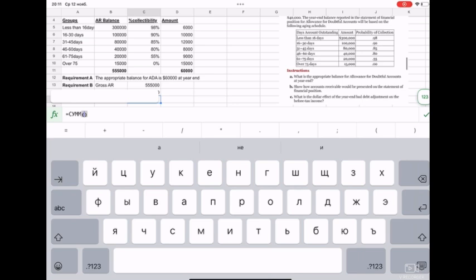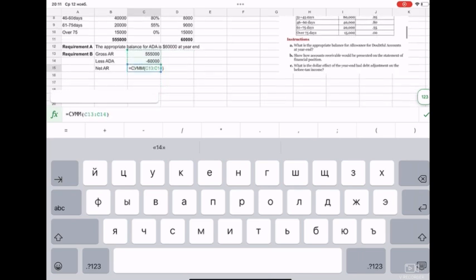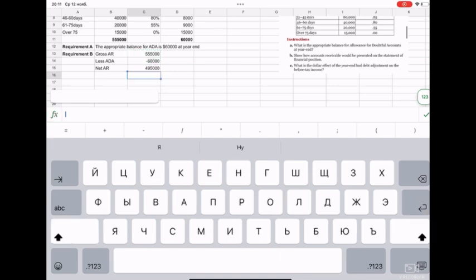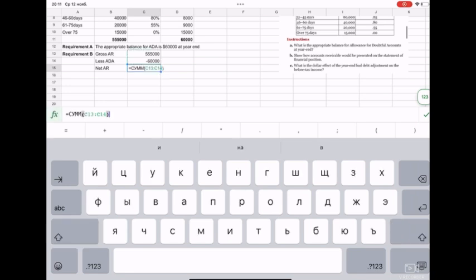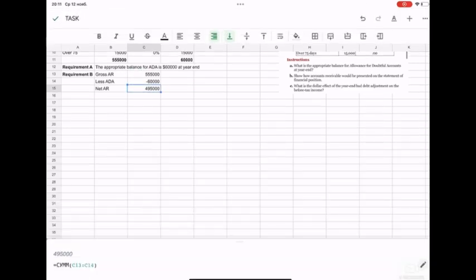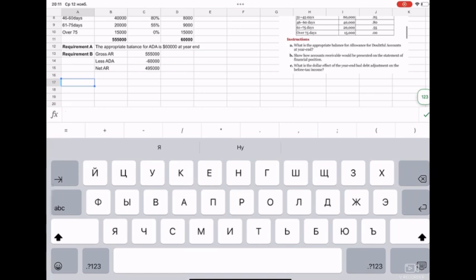Just let me move to requirement C, and after I finish, I will explain. On requirement C, I have to show what is the dollar effect of the year-end bad debt adjustment on the before-tax income.